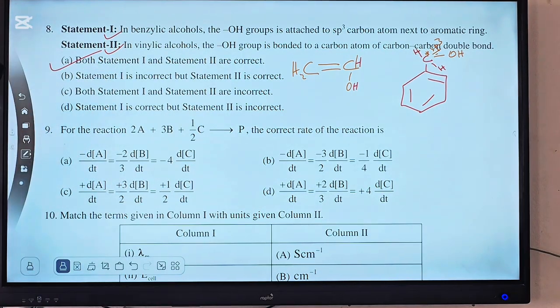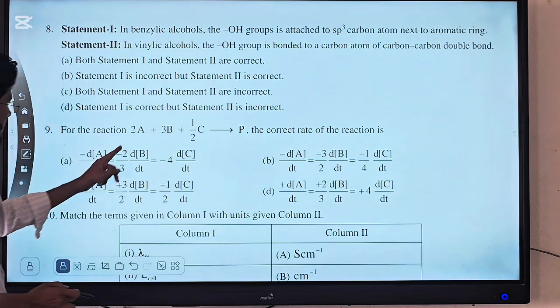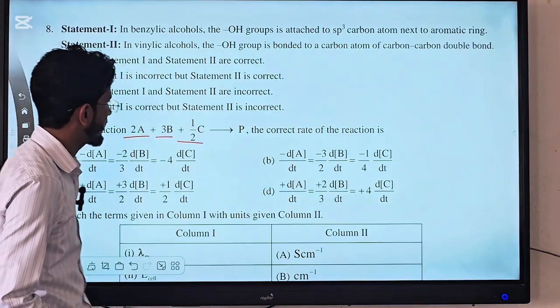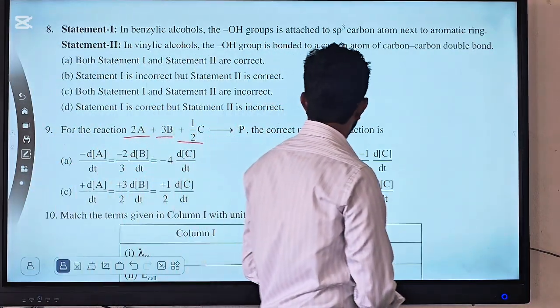Now question number 9. It is given that 2A plus 3B plus half C gives product. What is the correct order of the reaction?